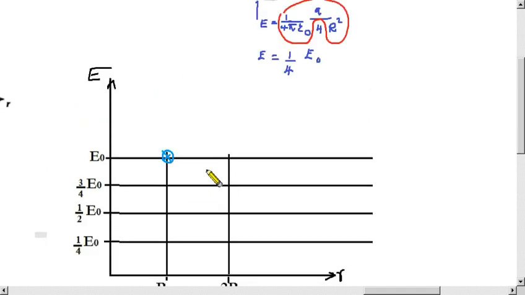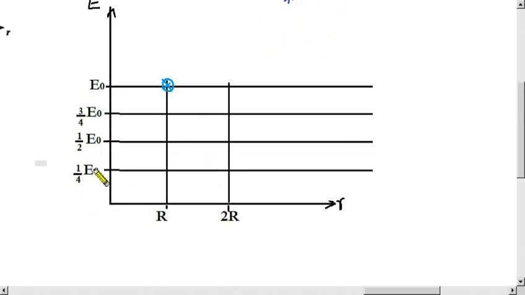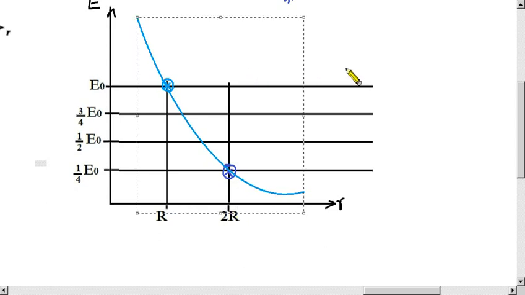So quarter E naught, this one is quarter, at 2R, this one is the point. So we get the graph due to only the charge at the center, that is positive Q.